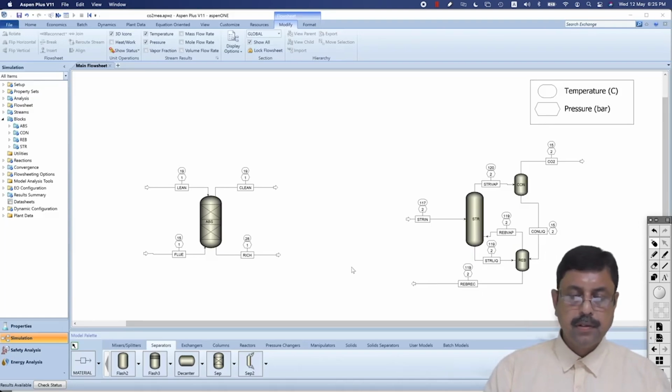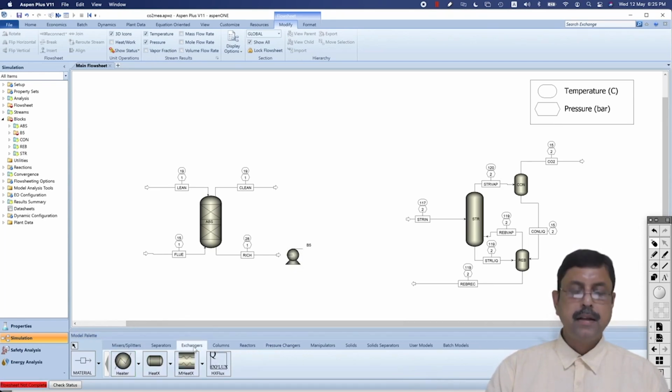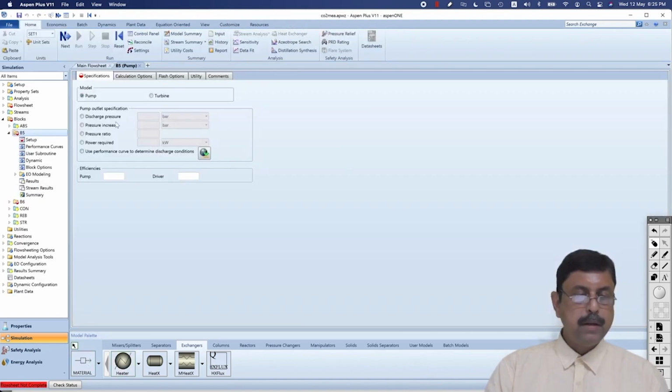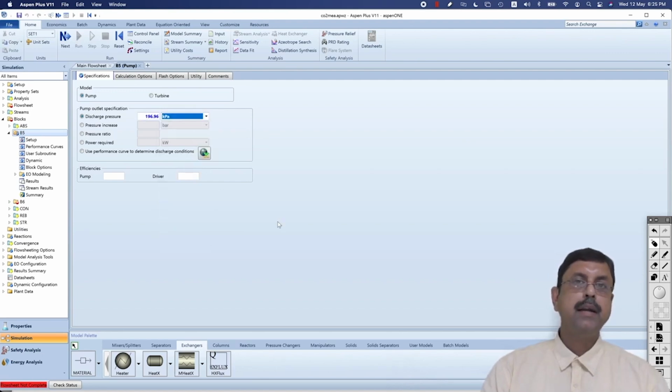So let us first use a pump. So the pump is over here. And for the time being, let us use a simple heater. Later we can change the heater to heat exchanger. No problem. So the pump will pump it out with a discharge pressure of 196.96 kilopascal, which is actually the pressure at entry point at the top stage of stripper column.